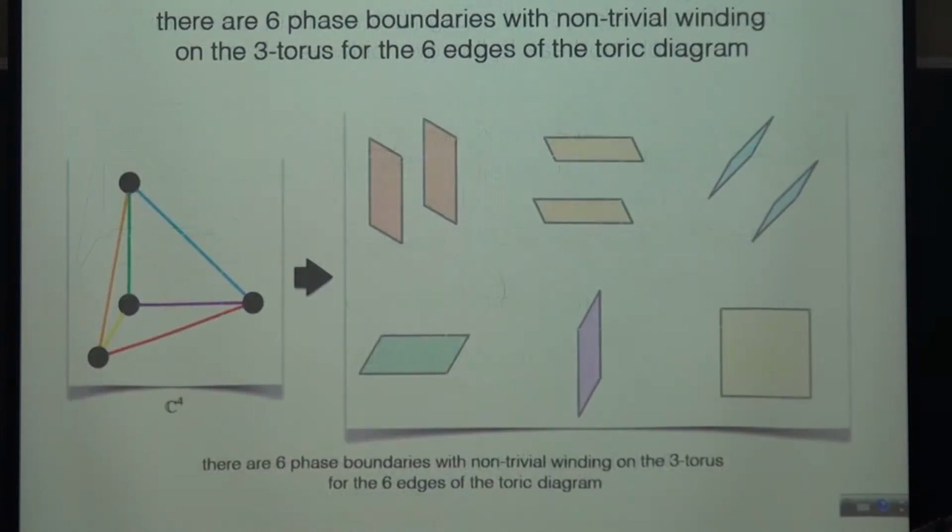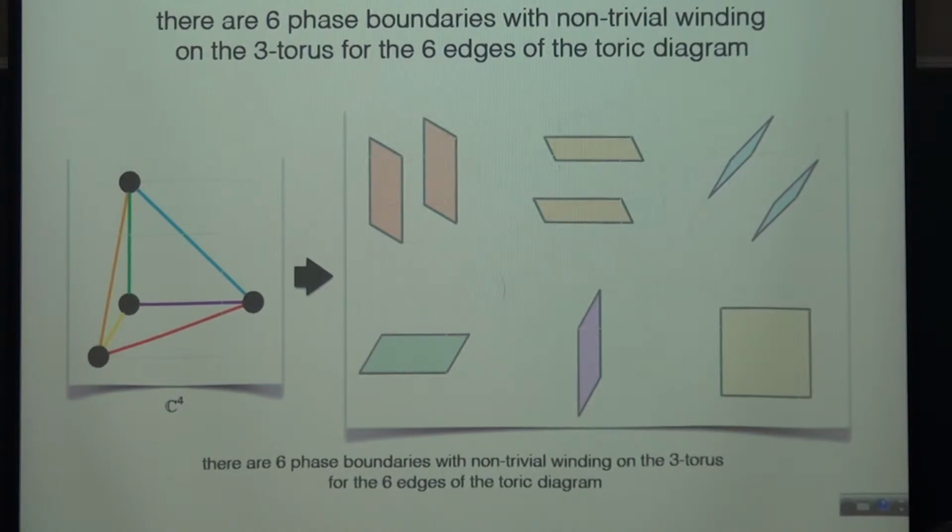For this particular example, which is the tetrahedral toric diagram corresponding to C4, these planar asymptotic limits of the holomorphic surface are these 6 planes with different winding numbers to each other.